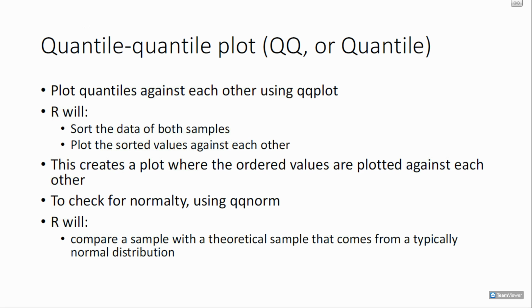The plot might be good, but you don't know if both the data sets are not normal. So what you do is you have another provision in R where you take a theoretical sample set which is normal, and you compare your data set against that to see if your data set resembles that, or a theoretical sample size.